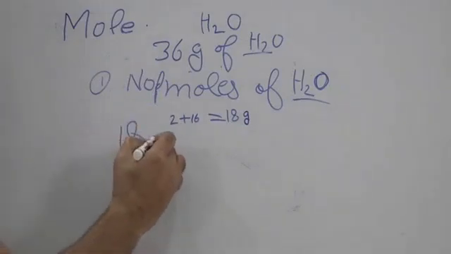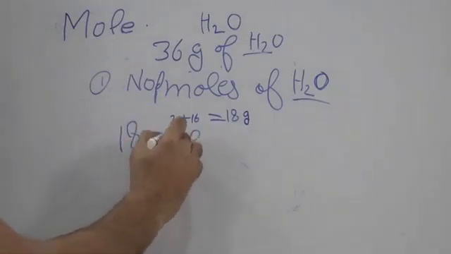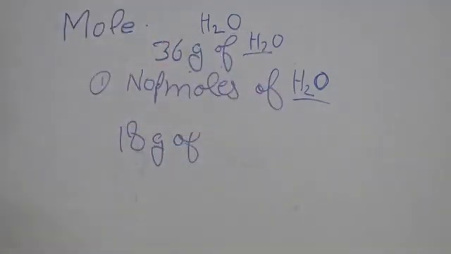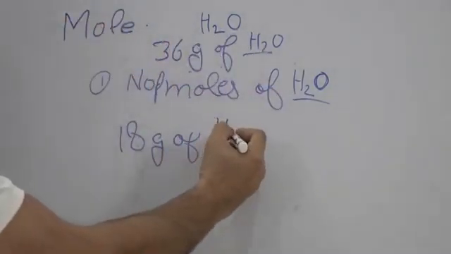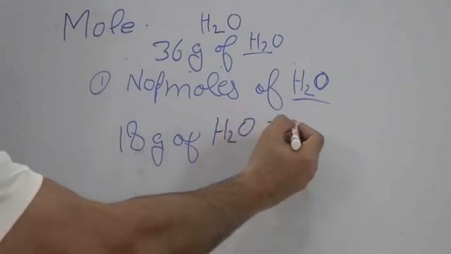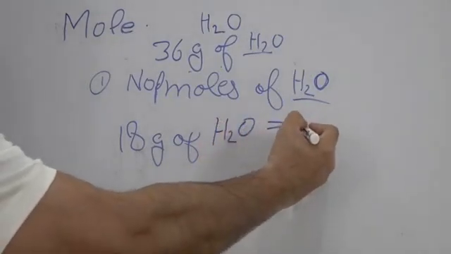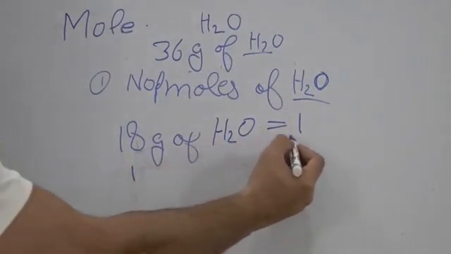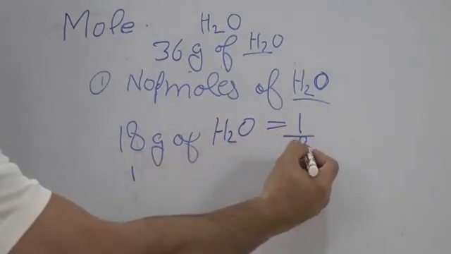Therefore, 18 gram of H2O has how many moles of H2O molecules? 1. And 1 gram would have how much? 1 upon 18.